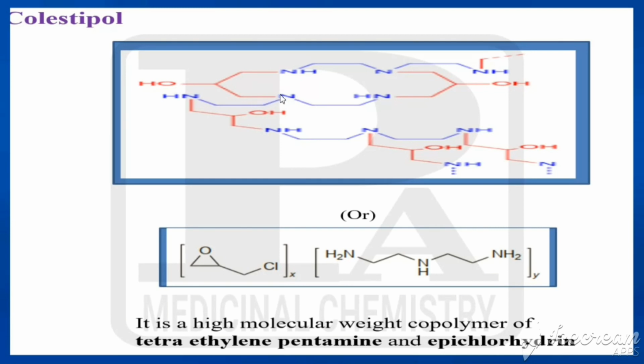If it is having N, that nitrogen is connected to 2 CH2, and that will be connected with NH. And with the NH, what is attached? CH2, CHOH, CH2, here NH, CH2, CH2N, here CH2, CH2, NH. With the N, what is attached? CH2, CHOH, CH2, here NH, CH3, and with the nitrogen CH2, CHOH, CH2, N, CH3.